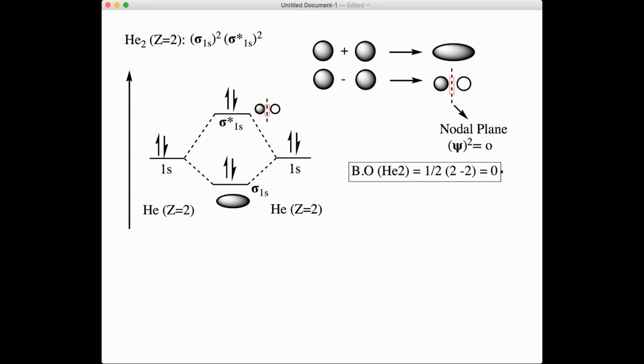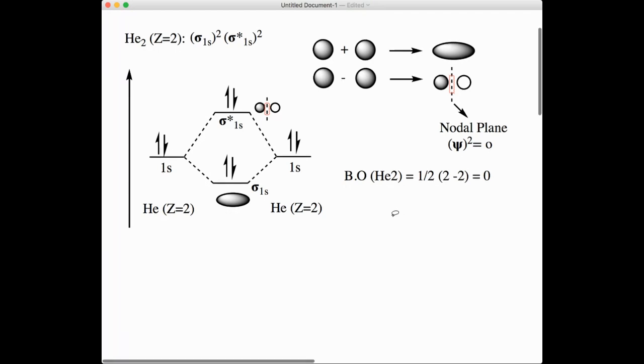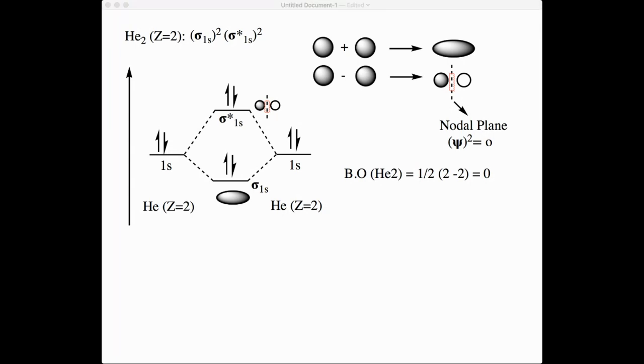So the bond order for He2 is 0, which basically means that it's very unlikely to find an He2 molecule in nature. Okay, so the dissociation energy of an He2 molecule will be very, very low. In different words, it's more stable for helium to exist as single atoms than as a molecule itself. Okay. Any questions?